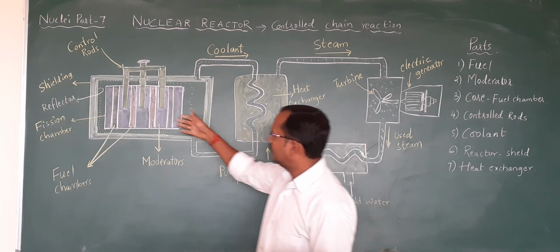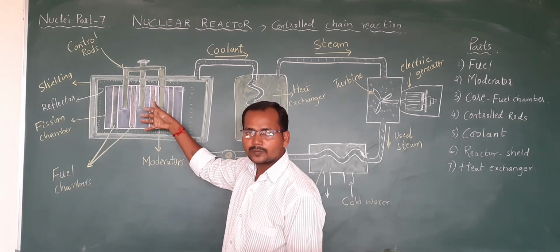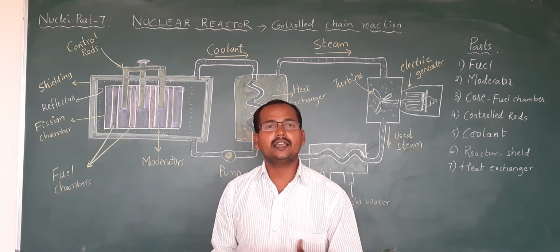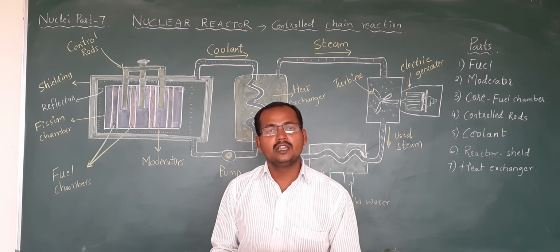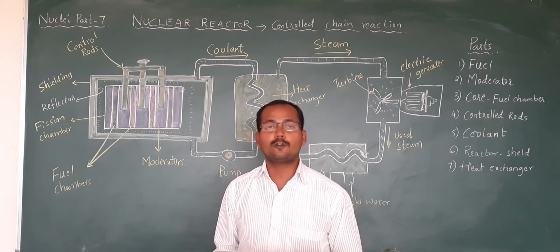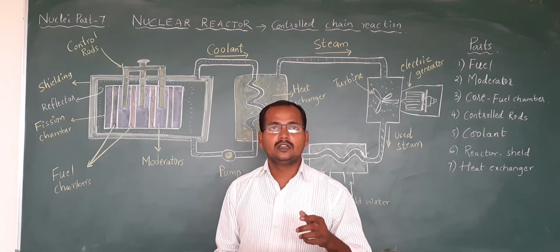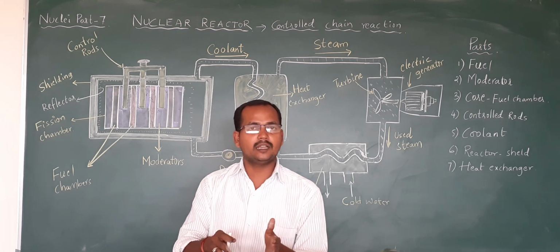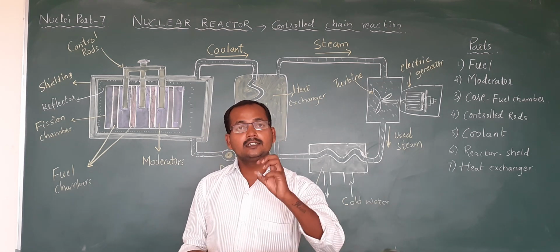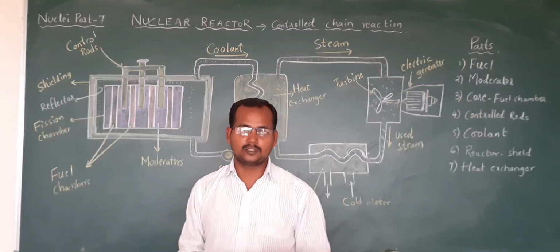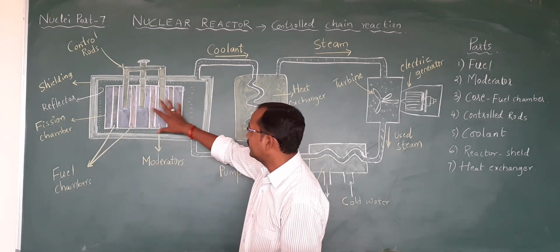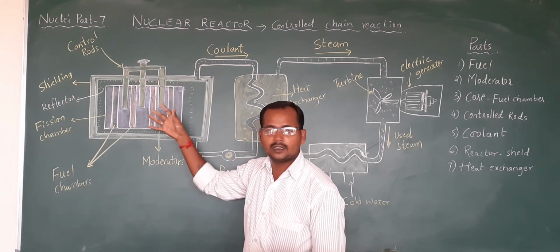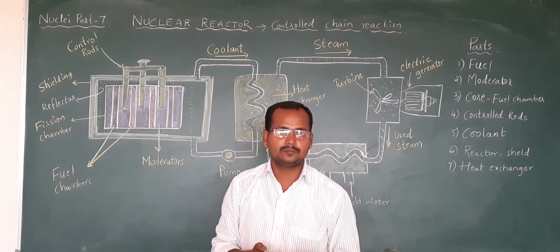During nuclear fission, the large amount of energy that is released is in the form of heat energy. About 90% of the energy is in the form of heat, in the fragments barium and krypton from uranium-235 bombarded with a neutron, which forms a compound of uranium-236, and the neutrons also release heat. That heat is present in the fuel chamber. If we supply coolant within this fuel chamber, that coolant absorbs all that heat energy.